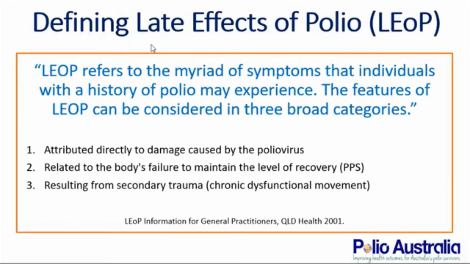In the case of a motor neuron that's under quite a lot of chronic stress, where it may have adopted many local muscle fibers as a result of polio nerve damage, these nerve fibers have to regenerate, and it's this regeneration that we think is part of the main profile of new weakness and changes in strength profiles of polio survivors, and as a result, a feature of late effects of polio. So the body can't maintain that level of innervation.